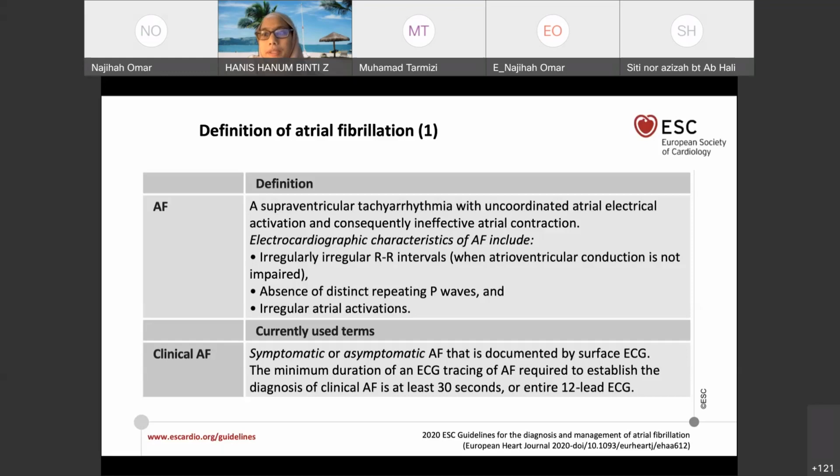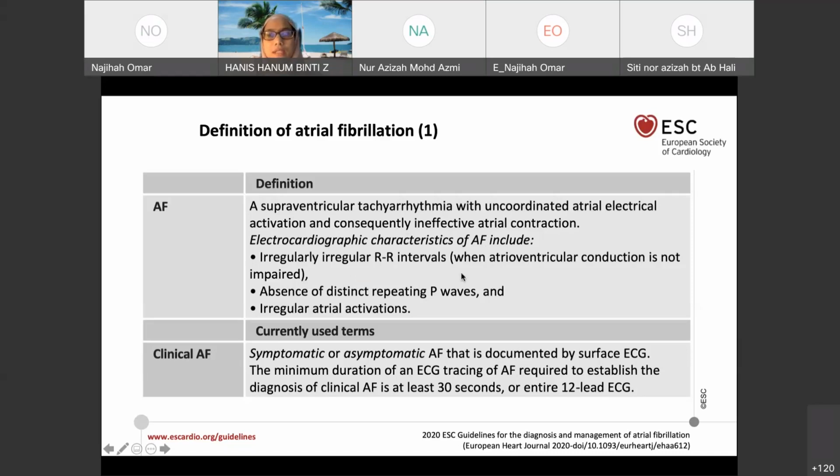I think BHF, British Heart Foundation, is easy to understand because they use a lot of layman terms. So probably before reading your pharmacotherapy book, kalau you nak have a basic idea about whatever disease, you can have a look at the British Heart Foundation first, and then you dive into your pharmacotherapy book, right?